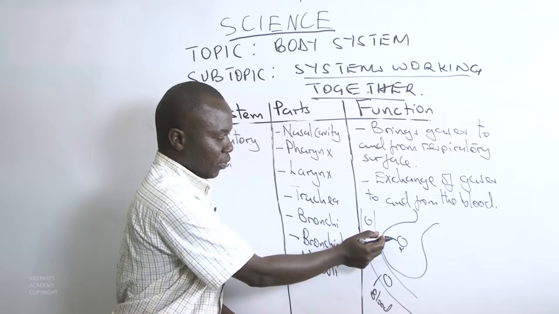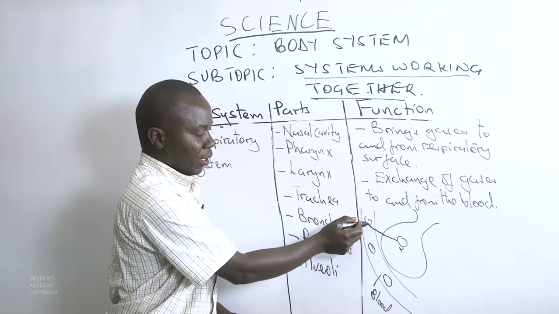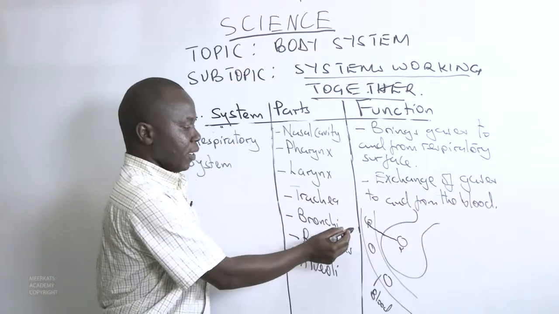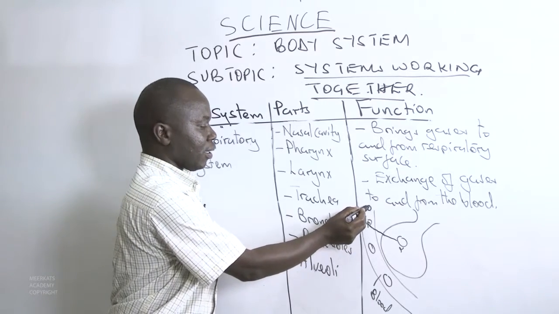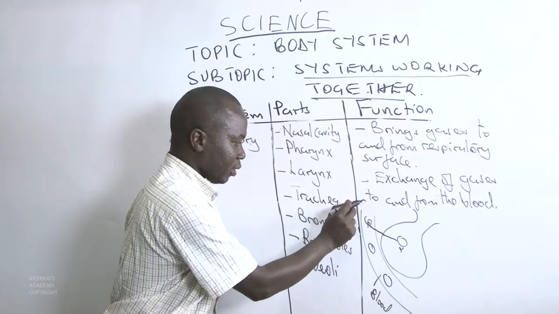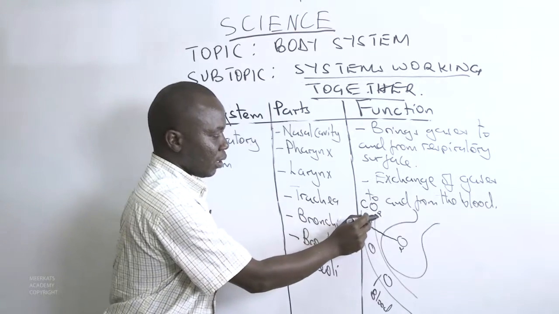So this oxygen will diffuse through the walls of the alveoli and the walls of the capillary into red blood cells. These red blood cells are laden with carbon dioxide, and have a high concentration of carbon dioxide.